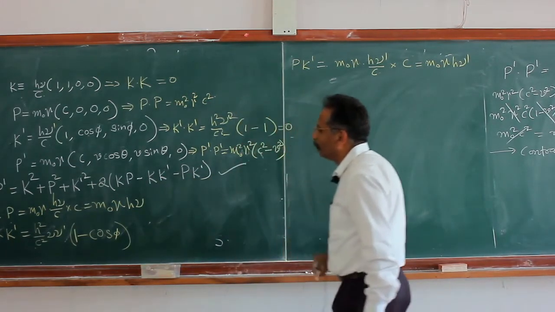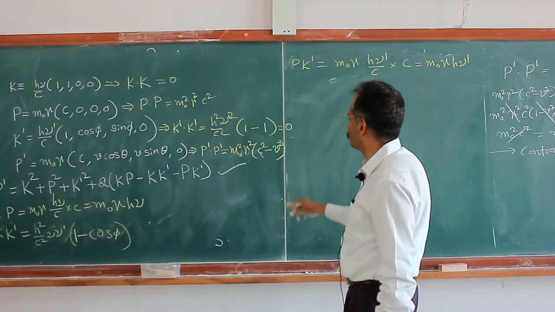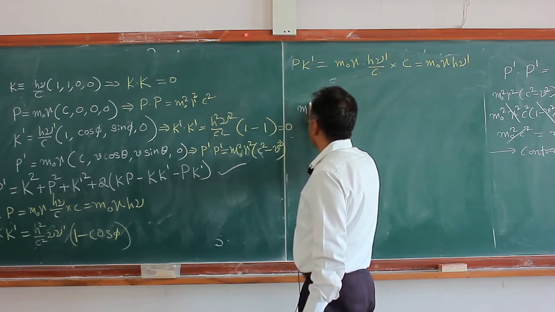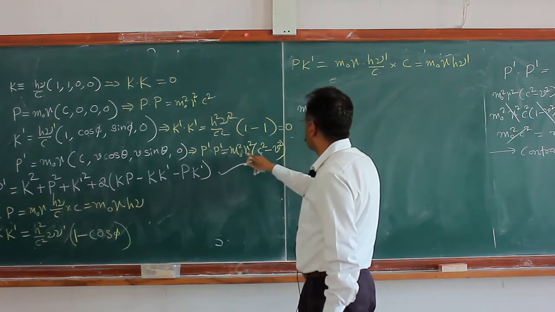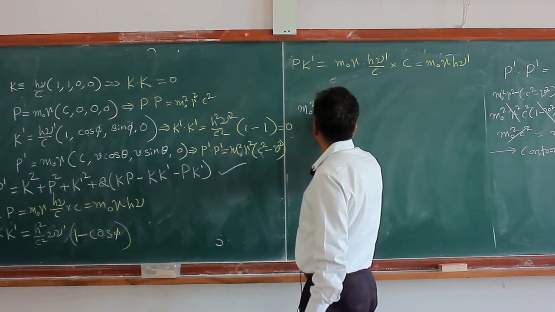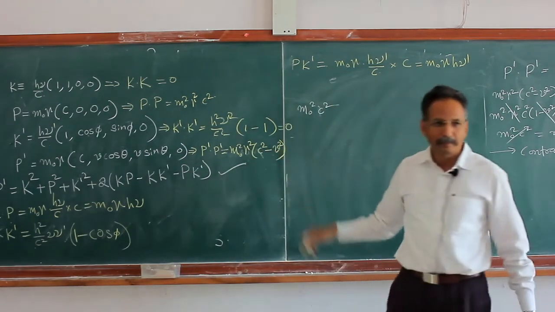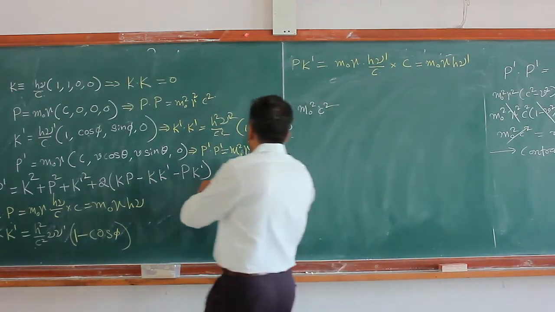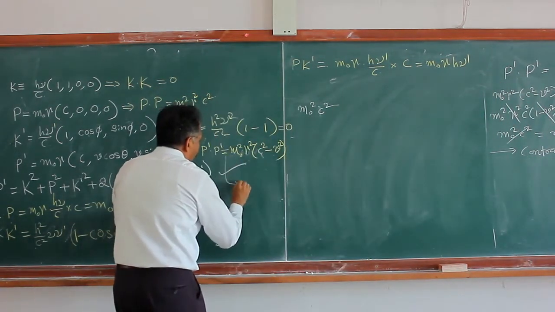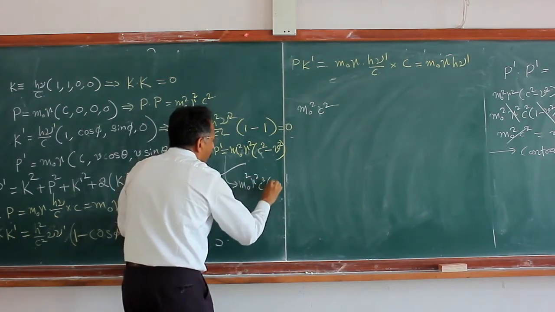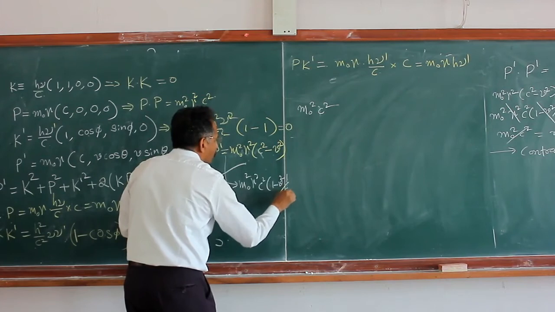The equation is the conservation equation I am using, p dash dot p dash is m0 square gamma square into c square into 1 minus v square by c square.